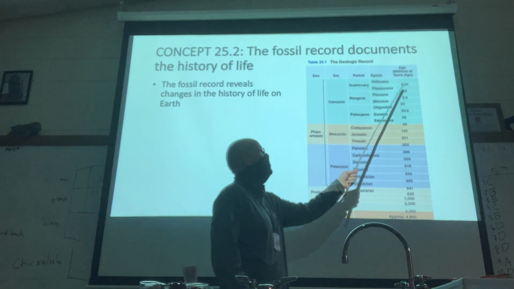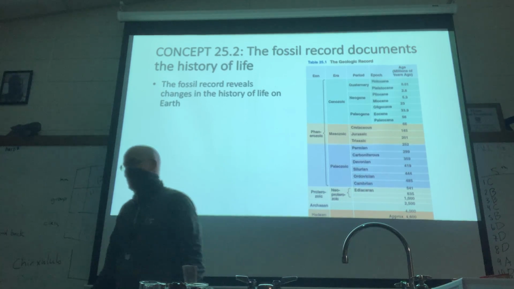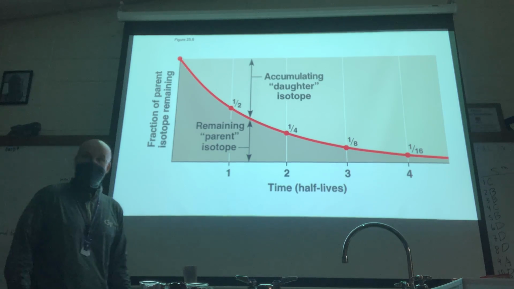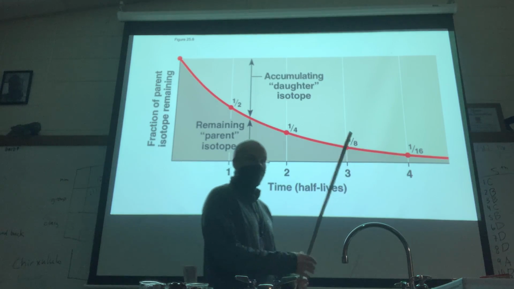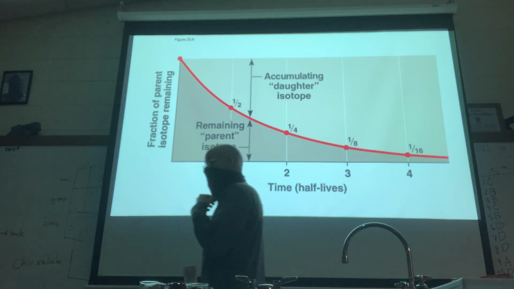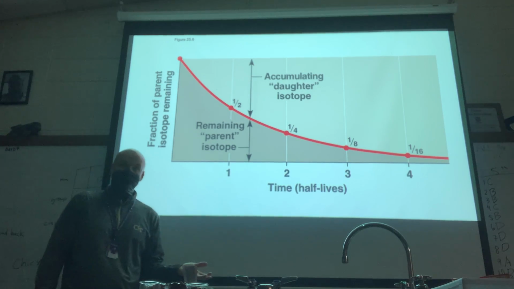How do we know these ages in millions of years? Well, the book talks about half-life and using radioactive isotopes. So we use what's called radiometric dating.